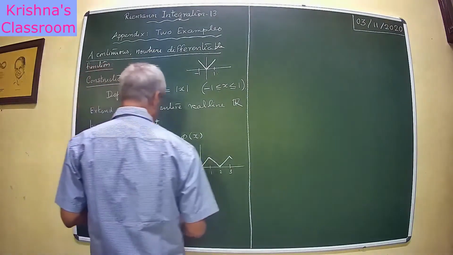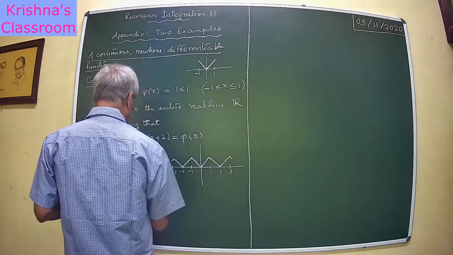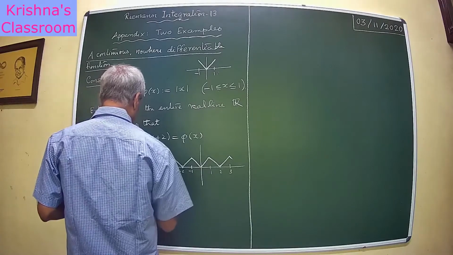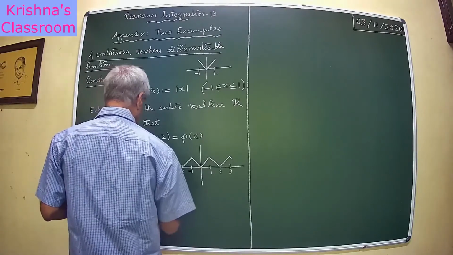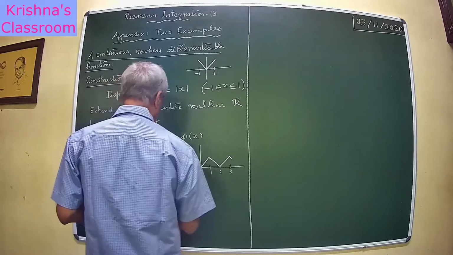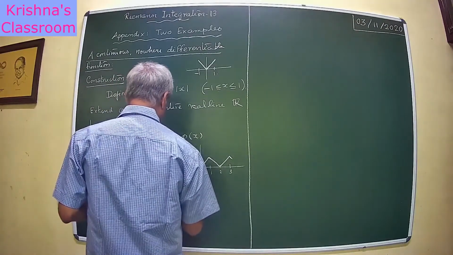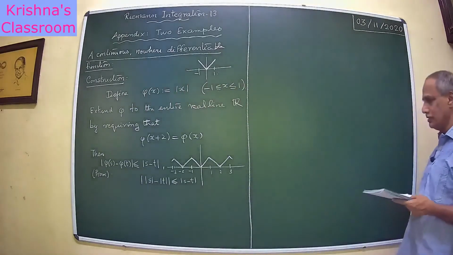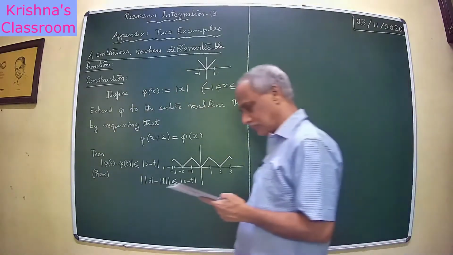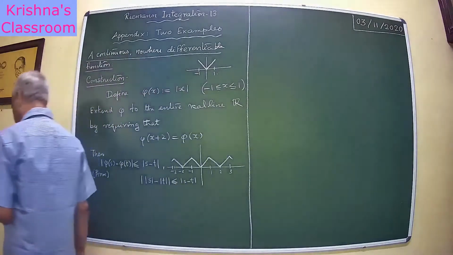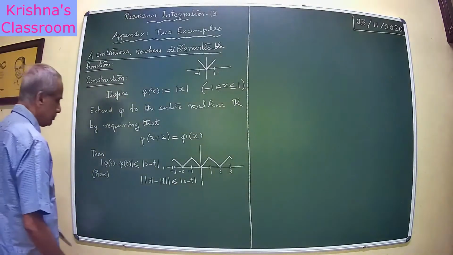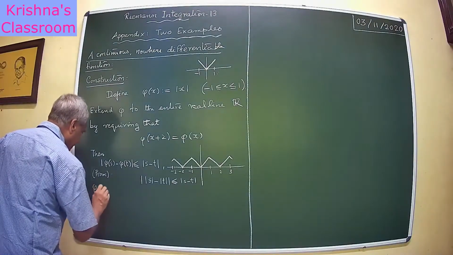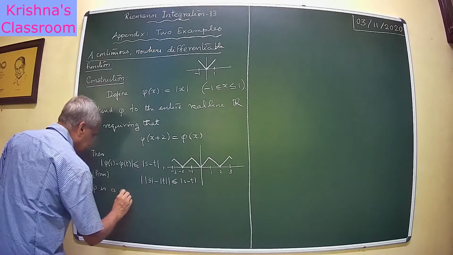For example, you have |x|, |s|. The second triangular inequality, use this, and then periodicity. So this in turn tells you that phi is a continuous function.